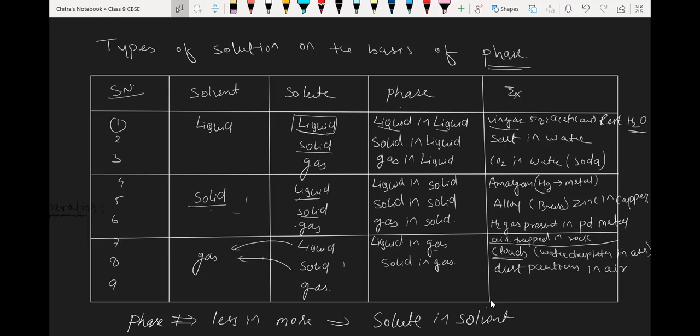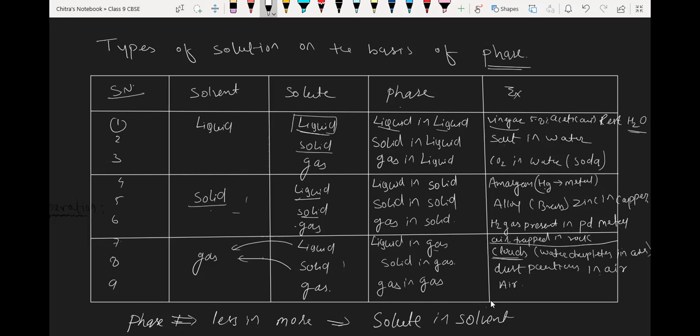See, we have dust particles in air. This is the best example of solid in gas. The dust particles are present in solid form, and if they are present in air, then it is an example of solid in gas. Then we have gas in gas. So the best example is air.